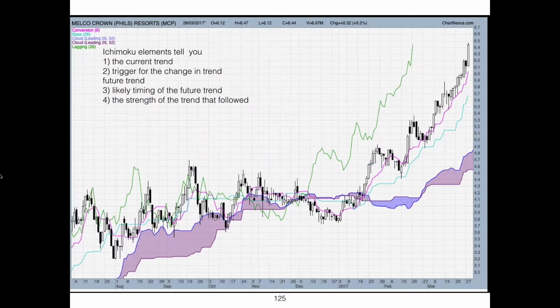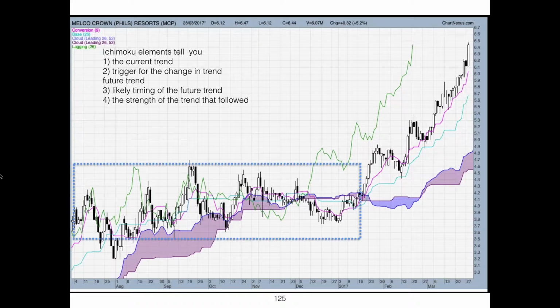Now, Ichimoku tells you the following things. First, the current trend. Second, the boxed area is the same consolidation box in the traditional chart shown earlier. In Ichimoku, this range is defined by the Chikou span, the green line. The second is a trigger for the change in trend or the future trend.